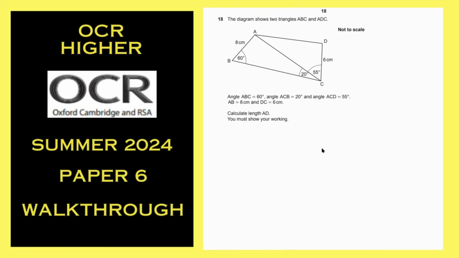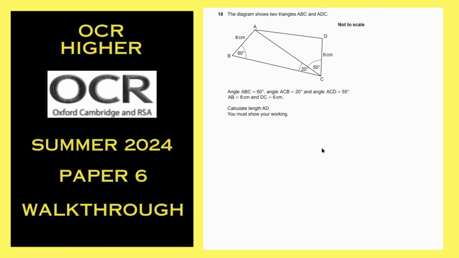Number 18, typical trigonometry question, always going to involve sine rule or cosine rule. The key to them always, look at the side which they share. That's the key to the question. Calculate the length AD, slap an X on it. So that's definitely going to be the second triangle.